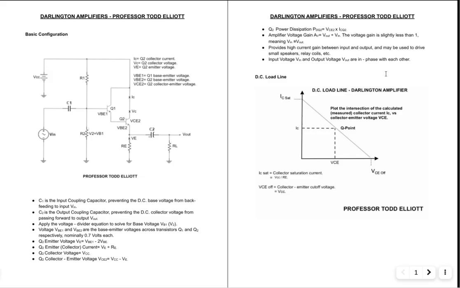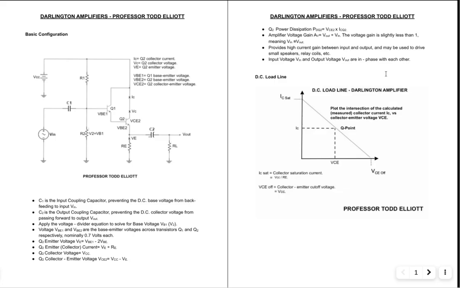The Darlington amplifier, its purpose in life is twofold. One, it has a very large current gain, both on the AC and DC side. But since we're using this as an amplifier, let's talk about that. Now, a full analysis of this is well beyond my objective for today, and it would require me to take you through Thevenin's theorem, the full AC model, input impedance, output impedance, the whole nine yards.